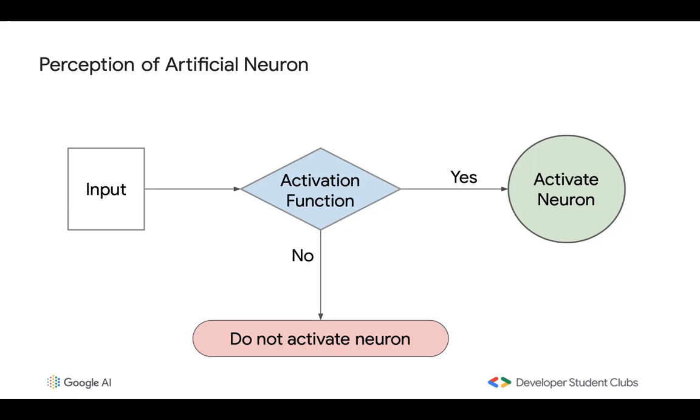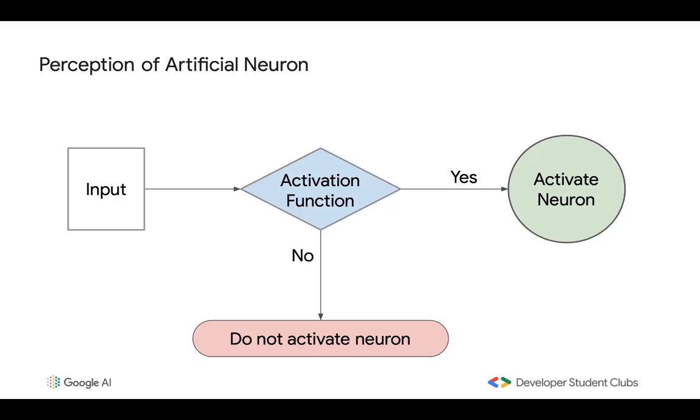It helps you decide whether the input value meets the function's requirements. If it does, this neuron gets activated. It does whatever it's supposed to and passes on its output to the next neuron in the next layer. If the input doesn't meet the activation function, it doesn't activate the neuron.